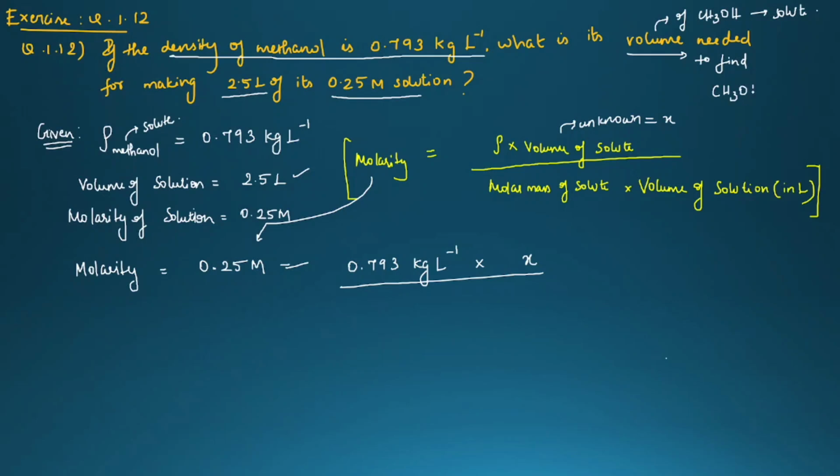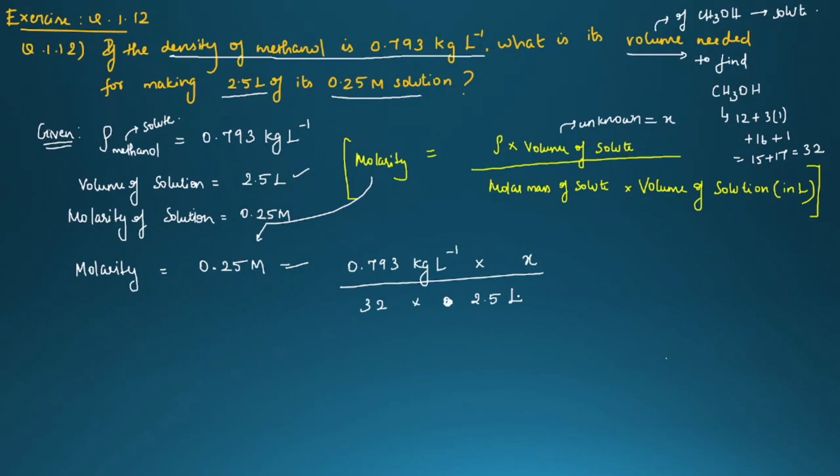Methanol is CH3OH, so for carbon it is 12, for hydrogen it is 3, plus oxygen 16 plus 1 for hydrogen. So it turns out to be 32 grams per mole.